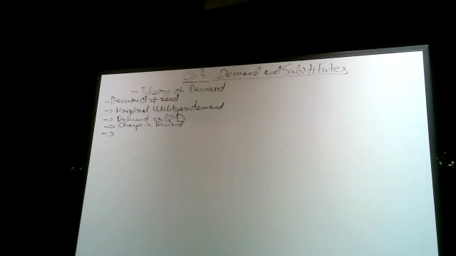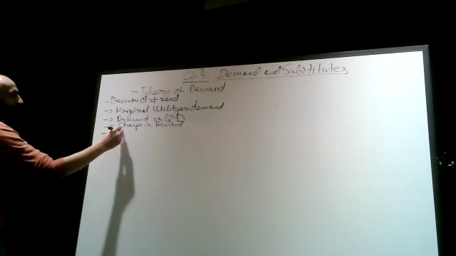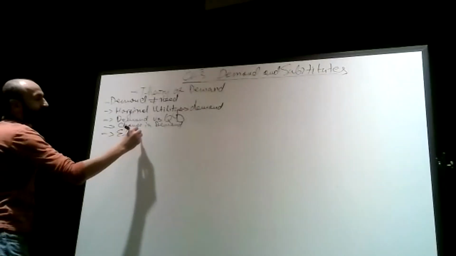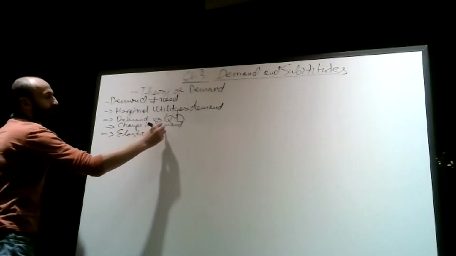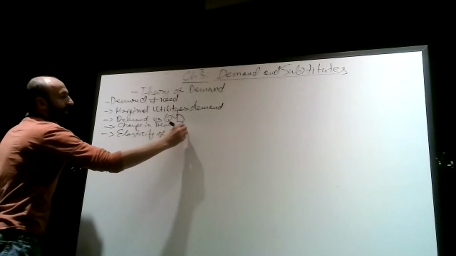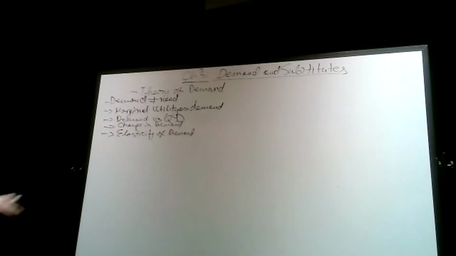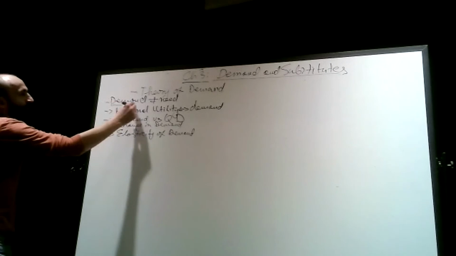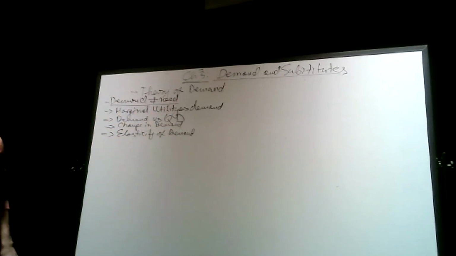And finally, we'll introduce the concept that is necessary for the analysis of competition and monopoly and consumer behavior. That's the concept of elasticity of demand. So these are the key terms, these are the key concepts for today. So let's start first with the first one, demand versus need.